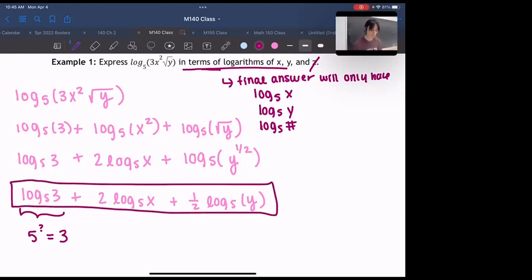But if you're doing your homework and you see log base 5 of 25 instead of log base 5 of 3, that might be a good idea that you have to simplify it to a whole number, okay? So if it works out nice, go ahead and do that, but I'm totally fine with you leaving it just like that. Any questions on example 1?